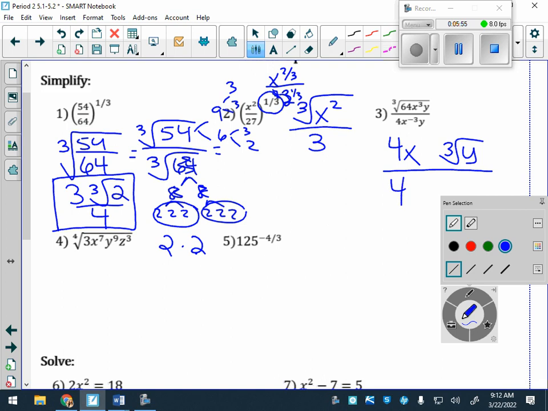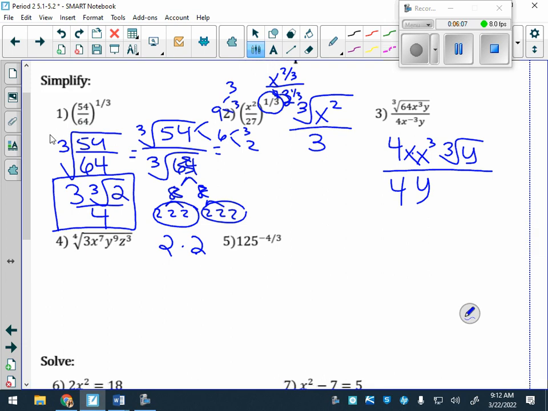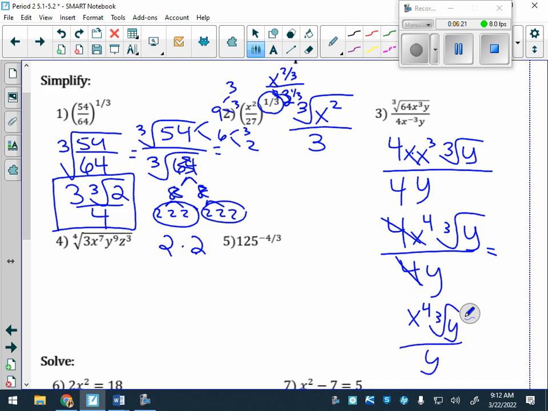Then we have 4. Our negative exponent, where is that going? To the top, right? And then that y stays where it is. So we have 4x to the 4th cube root of y over 4y. Well, these 4's can cancel, and we have x to the 4th cube root of y over y. You cannot cancel those y's out because one has a radical and one does not. So that is your final answer.